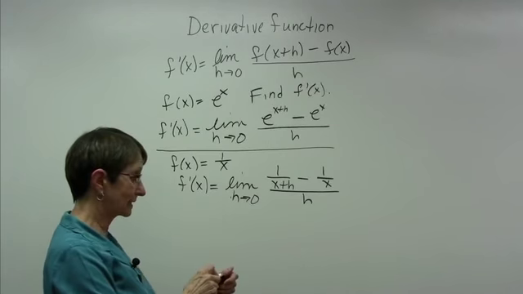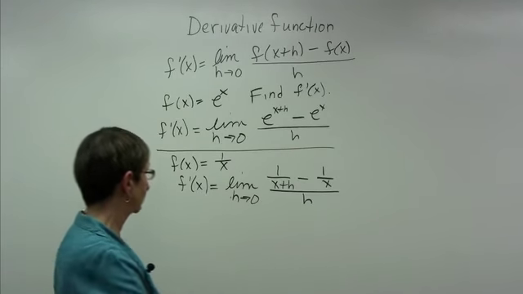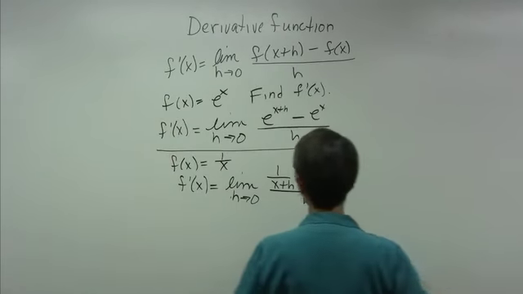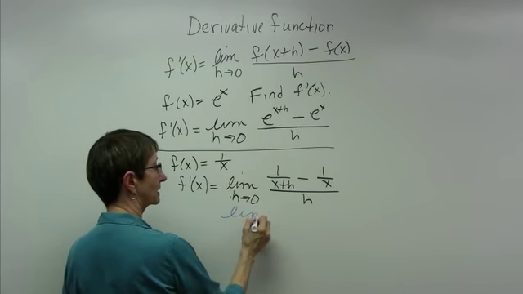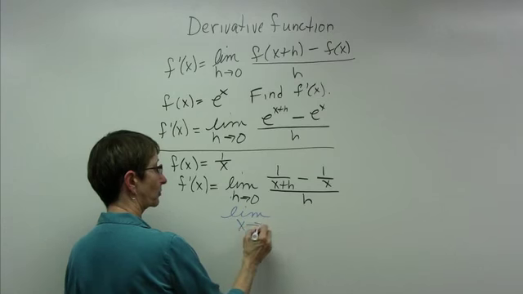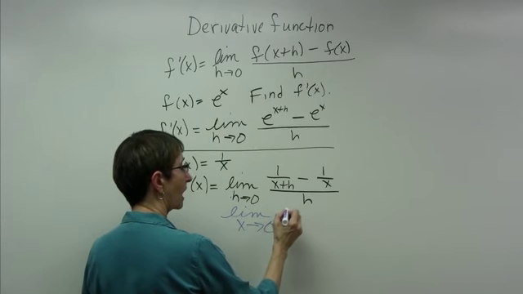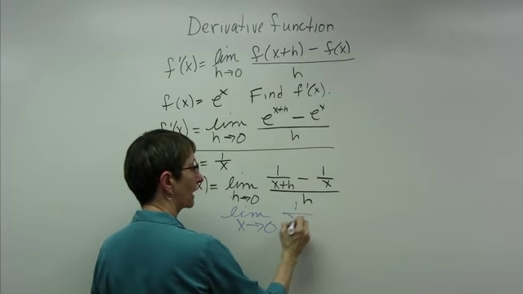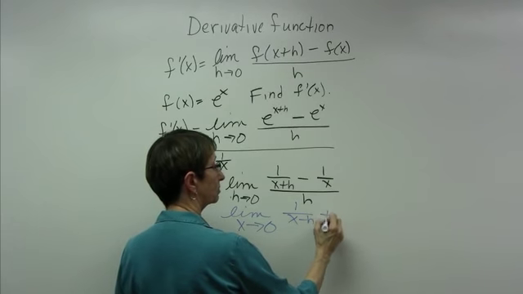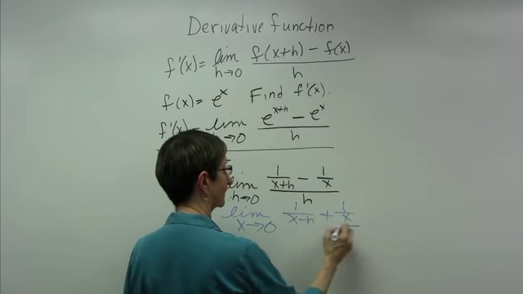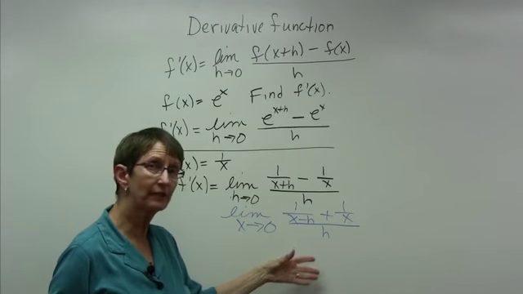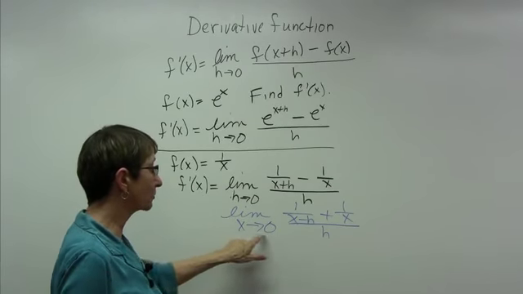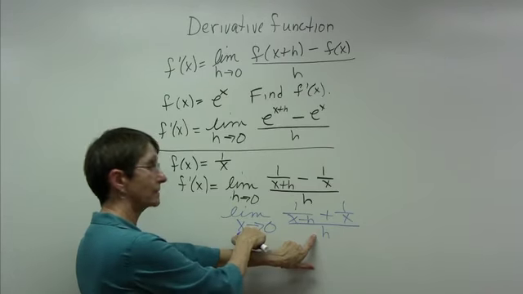I could make it wrong if I wrote it as the limit as x approaches 0 of 1 over x minus h plus 1 over x over h. I actually did several things wrong in this one. It's not x approaching 0 because the h is in the denominator.